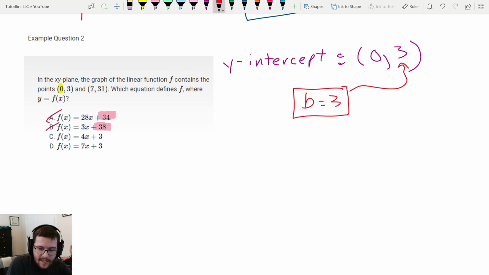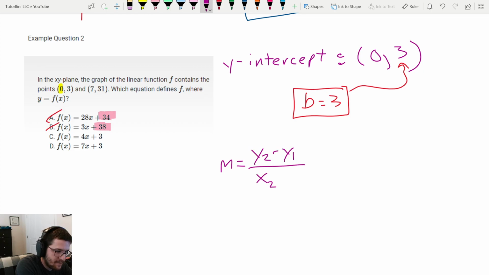Now, unfortunately, that doesn't get it down to one answer choice, so I got to figure out the slope. So m equals y2 minus y1 over x2 minus x1. So I do 31 minus 3 over 7 minus 0.